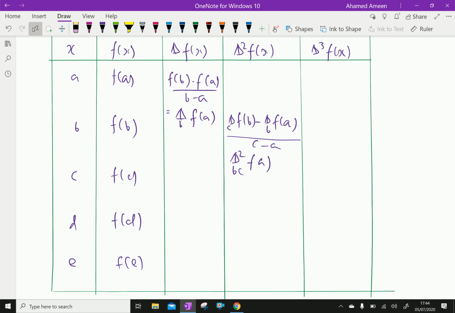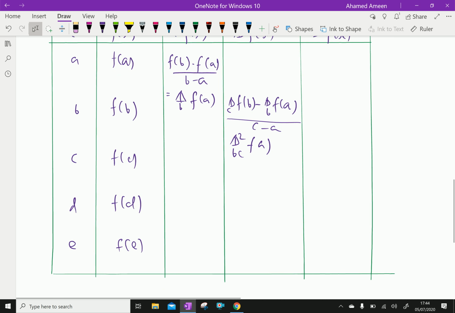For f of b we write f of c minus f of b over c minus b, which we write as delta cross of f of b.